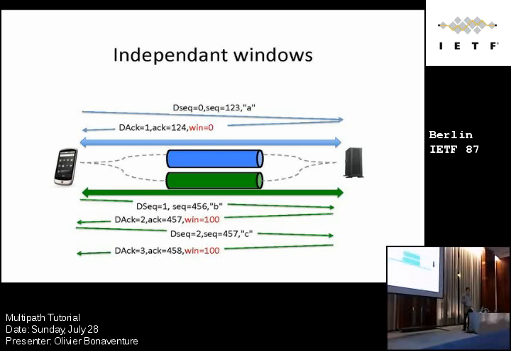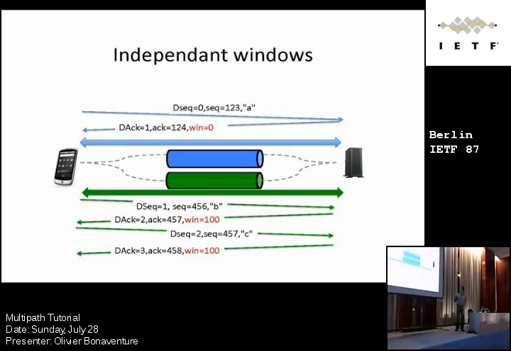But if you use independent windows, there is a possible problem. So let's look at an example. I've sent data over the blue subflow. Data has been lost. And then I send data over the green subflow, but the server decides that it doesn't want to receive data over the green subflow and sets the window to 0.